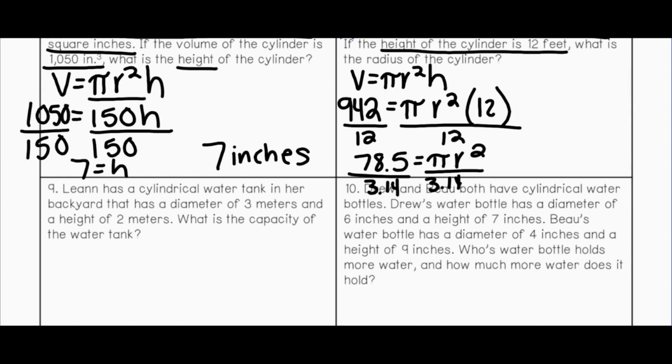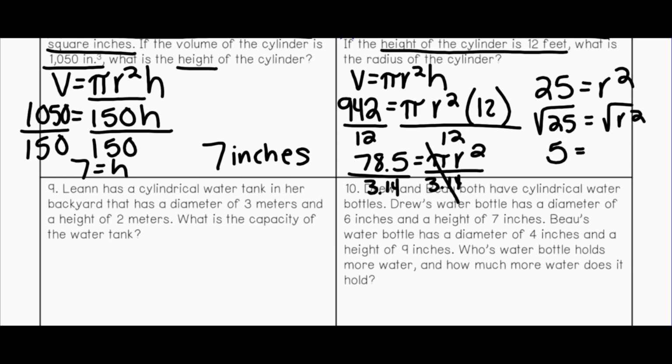If you divide by 3.14, 78.5 divided by 3.14 gives you 25. Pi will replace the 3.14 and you're left with r squared. To find r from r squared, we have to take the square root of 25 on both sides. The square root of 25 is 5, and the square root of r squared is r, which means our radius is 5 feet.